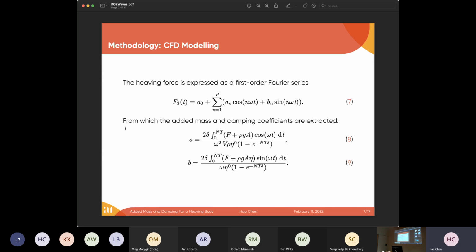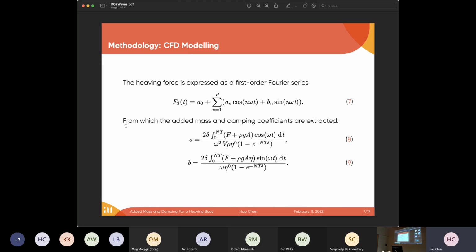Then we say that the added mass is aligned with the cosine function, the damping is aligned with the sine function, and then we can extract the added mass and the damping coefficient from the CFD model. But this is again based on the linear first order Fourier series.